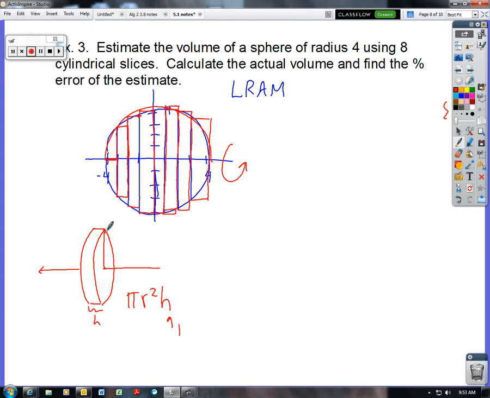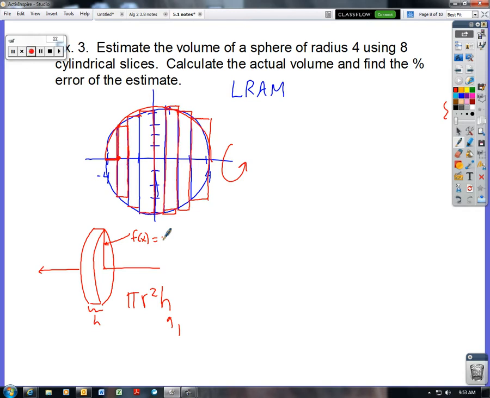Well, the radius of the disk, say this one here, would be from the x-axis up to the function. So the height or the radius is the function. That's going to be f of x, which is, oh, we have to figure that out, don't we? Well, it's going to be the equation of the circle.